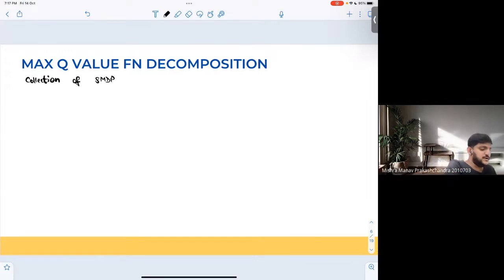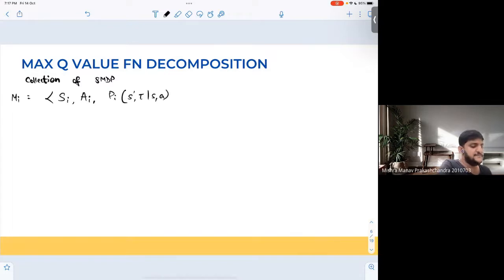If I were to define it mathematically, this would be states S_i, actions A_i, and there is a transition probability, which is basically the transitions that I make to state S prime via state S taking action A in time tau, right?